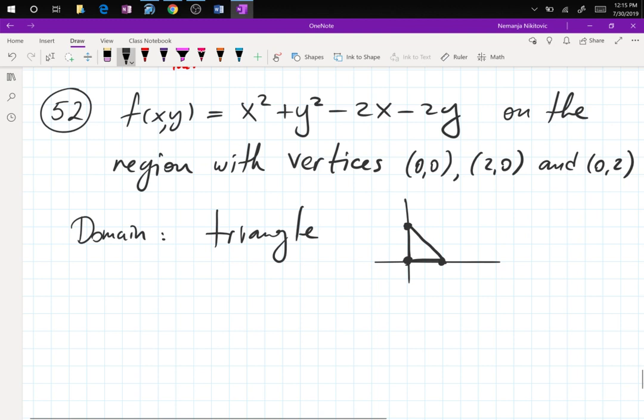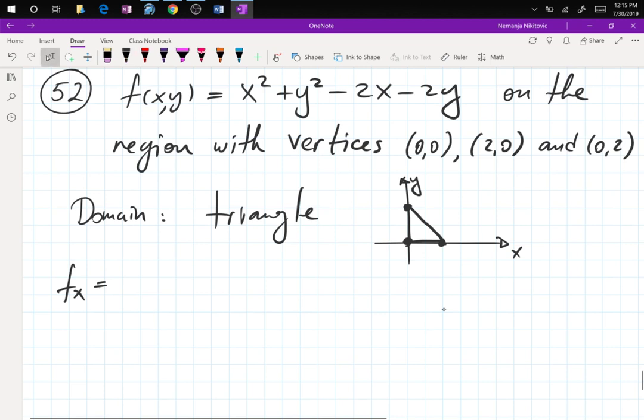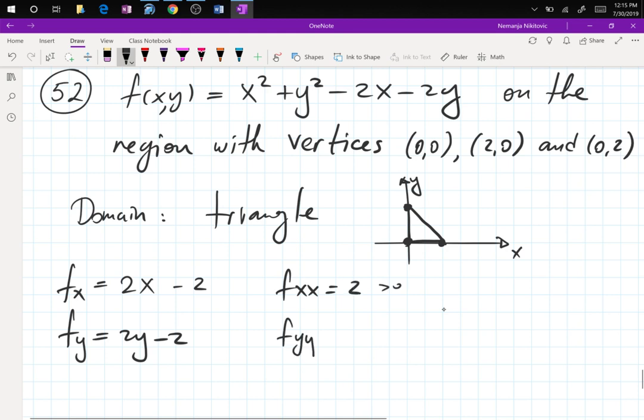Anyway, so you have your cookie dough, which is this, and now it cuts. Now, we do the problem to find all min-max values inside the triangle. So we have fx equals 2x minus 2, fy is 2y minus 2, fxx equals 2, that's larger than 0 right away, fyy equals 2, fxy equal to 0.